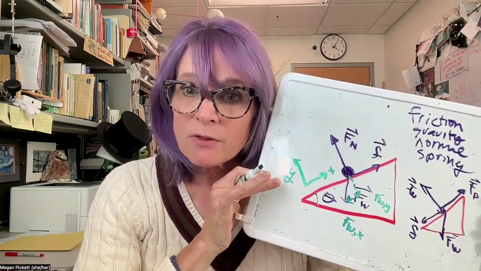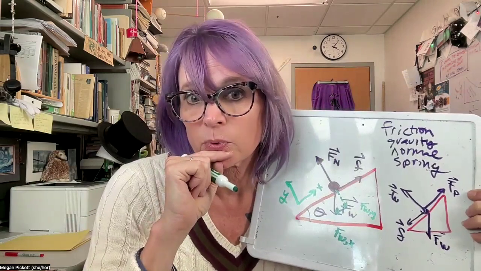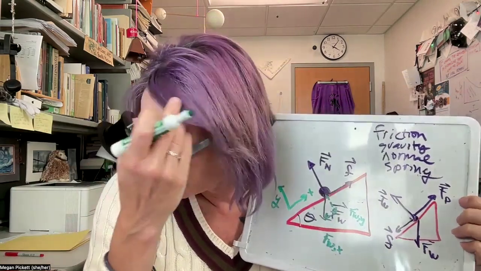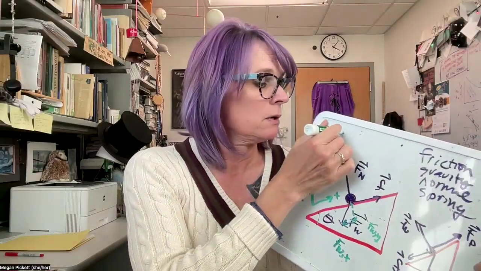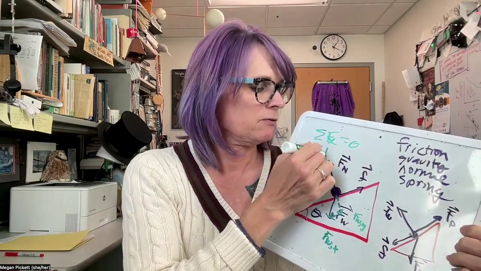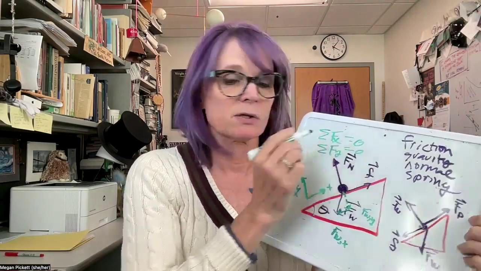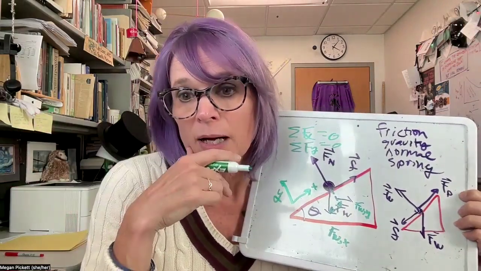Okay? And then the question would be, if we want to solve for how this block stays in place, that becomes a statics problem. We would set the sum of the forces in the x direction to 0 and the sum of the forces in the y direction to 0, and solve for the friction that's required to keep that block in place.